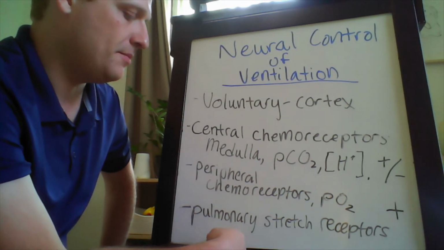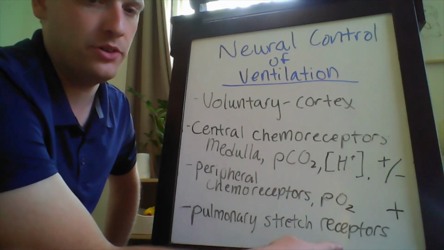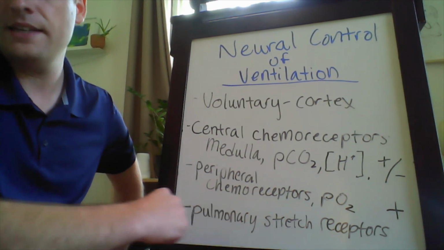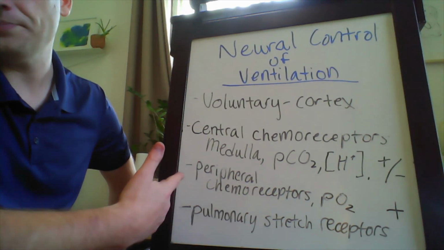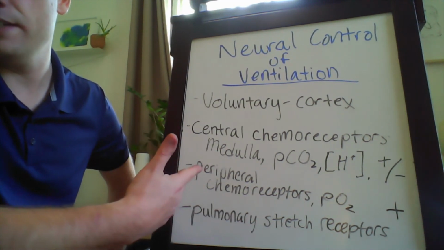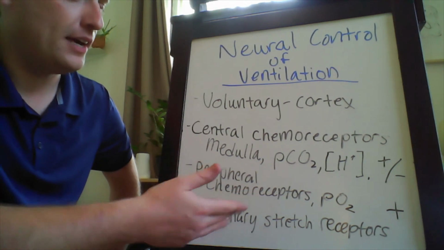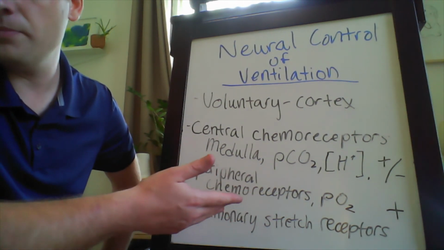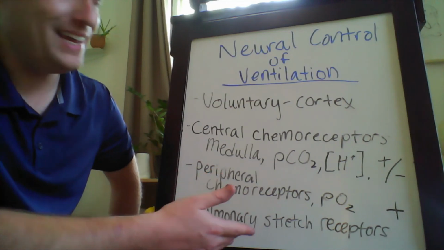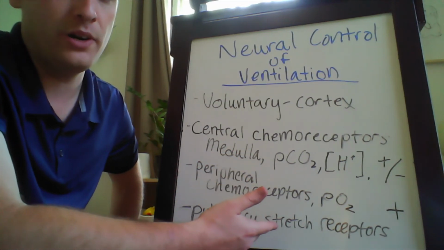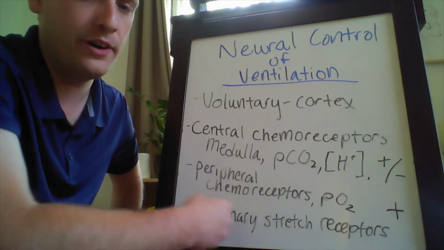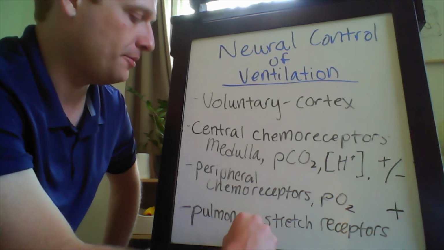And finally, there are pulmonary stretch receptors that can detect how much stretch there is in the trachea and the bronchi. And their goal is to inhibit inspiratory muscles so that overinflation does not occur.